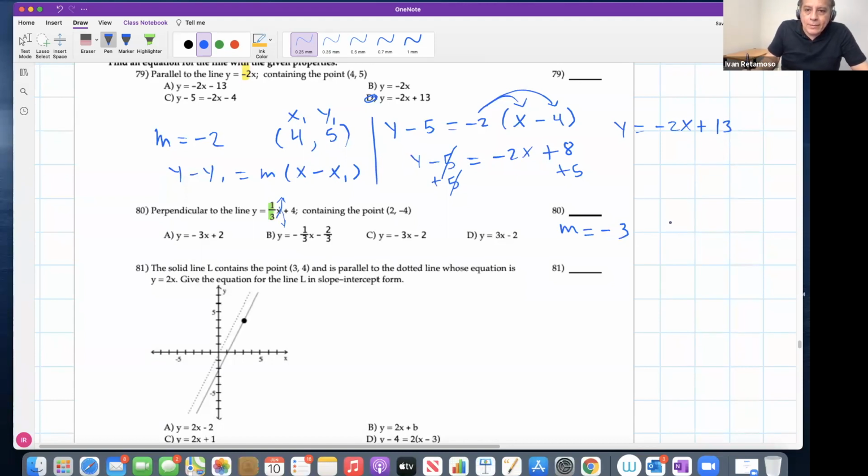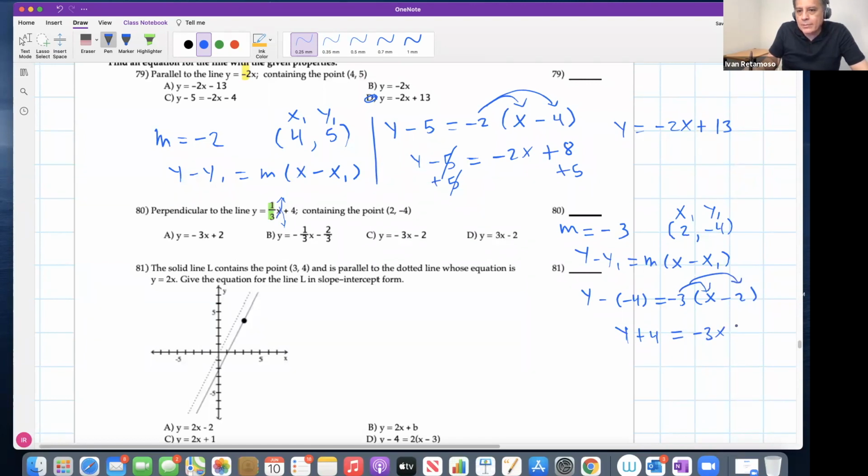The slope -3, and the point (2, -4), x1, y1. Using your point-slope form, you get this, y minus y1, minus -4, equals the slope -3, times x minus 2. Y plus 4 equals -3x, -3 times -2 is plus 6, right? Minus 4, y equals -3x plus 2. That's it, right? Y equals -3x plus 2, which is here.